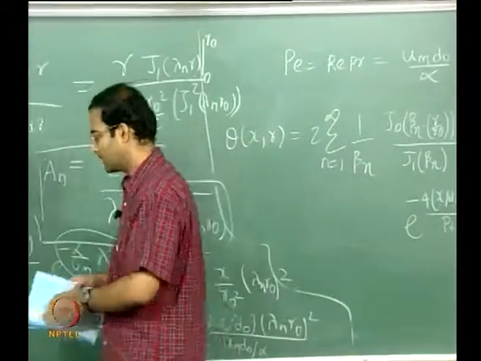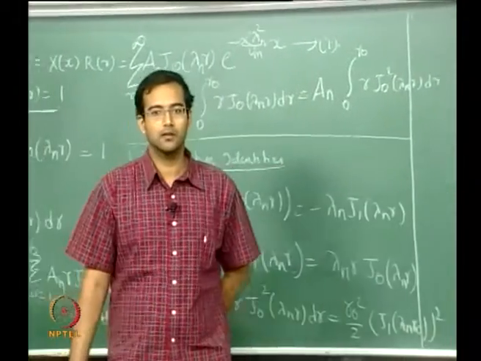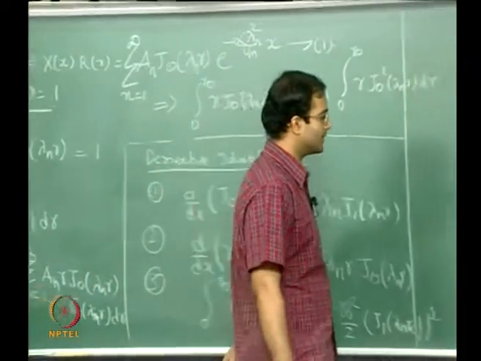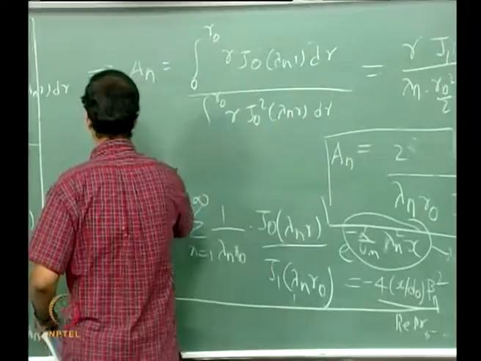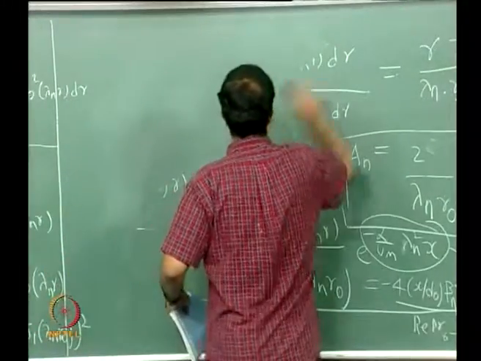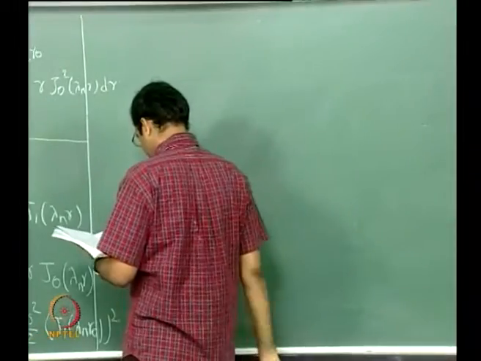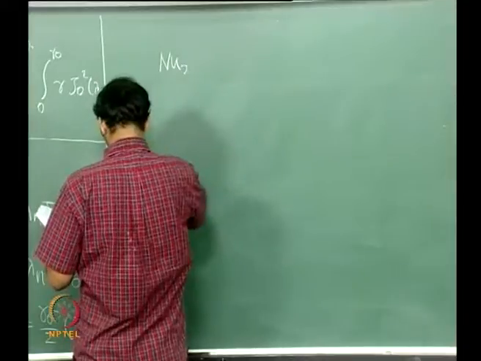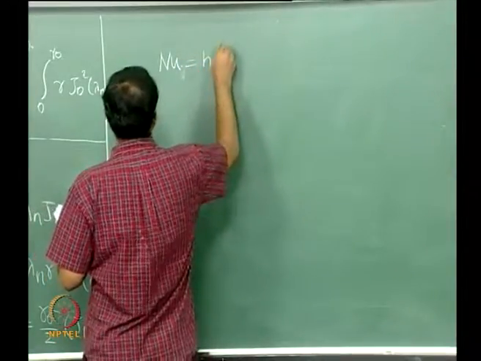Ultimately we need to find the expression for Nusselt number. So for Nusselt number we need to do a little bit further work, further quantities are required. When you define Nusselt number here, your Nusselt number is basically h into d by k.